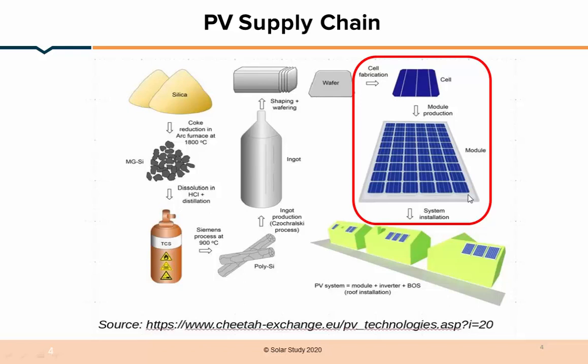After that we get polysilicon in a cylindrical shape. Then they make ingots, which contain a large amount of silicon, by the Czochralski process. Then we get the ingots, of different types.